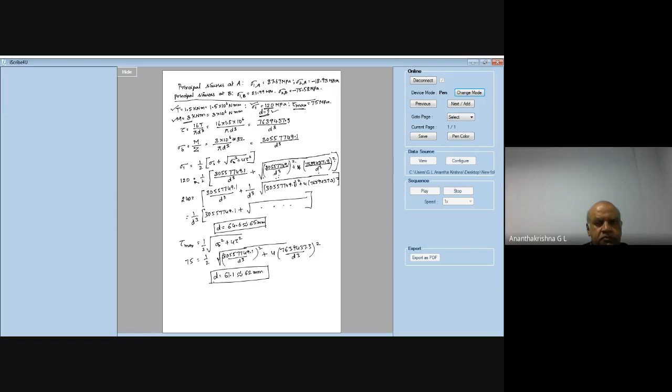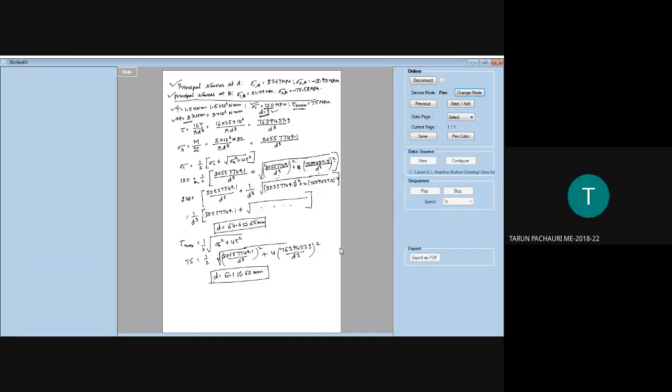Please solve the problem. All of you, please write down the equation. Then do the substitution, simplify, get the value of D. These two are the answers for the previous problem. Here also we'll be adopting d as 65 mm, sir.